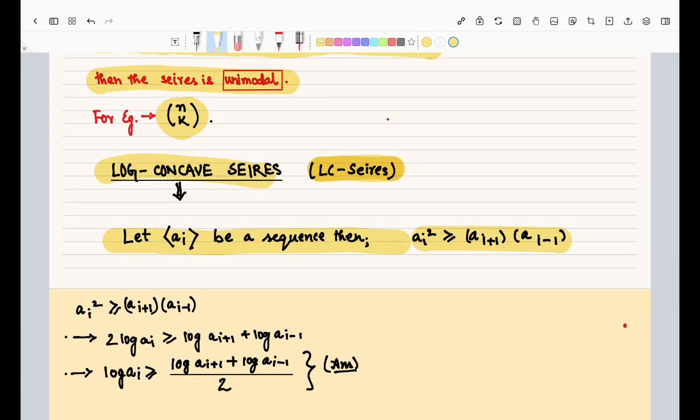Now what is the basis of the log concave series?